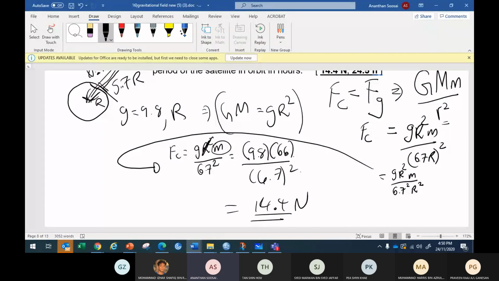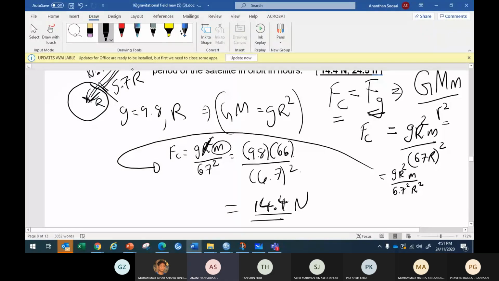So all of you got 14.4. Okay, so this is the flow. FC is equal to FG. FG is GMm over R squared. Mass of the planet is not given, so GM throw out, put gR squared, the gravity at the radius of the Earth. M over, in this case, bottom R is the orbital radius, which is 6.7 R squared.